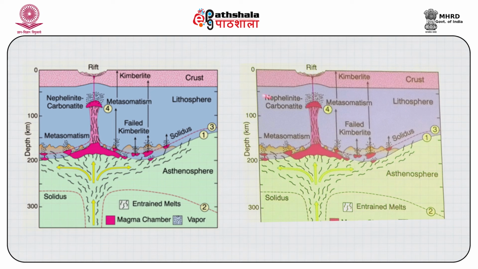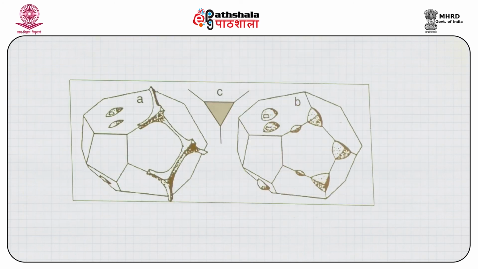Rift setting is normally an extensional regime, whereas the subduction zone is a compressive regime. So, irrespective of the tensional or compressive regime, metasomatism takes place and changes the asthenosphere or the lower part of the mantle into enriched portions of mantle, to give rise to enriched mantles and enriched rocks.